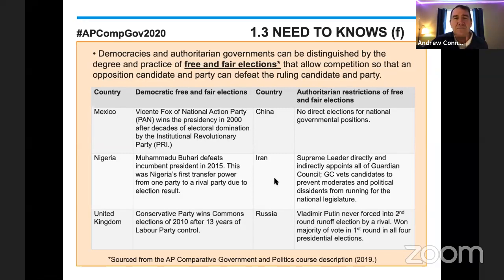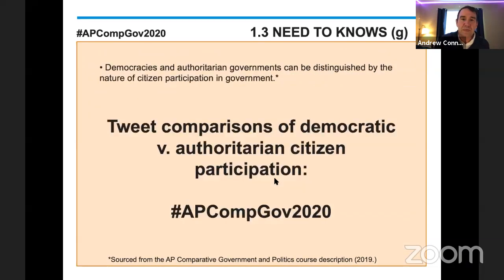Elections are much more controlled in Iran since 2009. And so you don't see electoral competition in Iran in terms of a rival faction coming in to take over power. But both Iran and Russia still hold those elections regularly, even though they're considered to be more authoritarian.